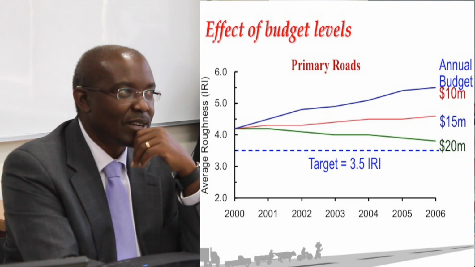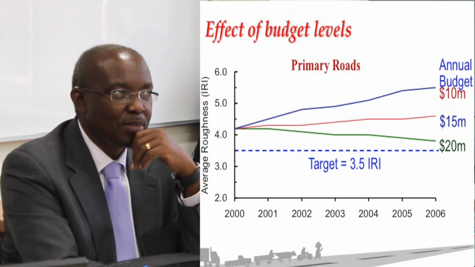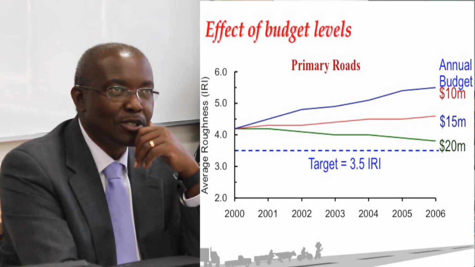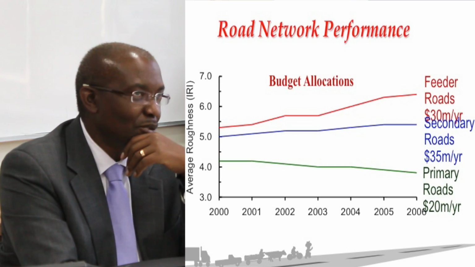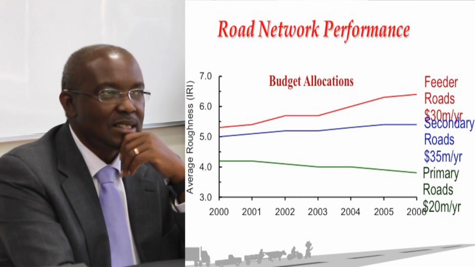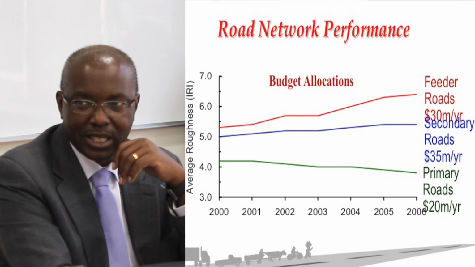We talked about riding quality or average roughness being measured. The higher it goes, the poorer the condition. So if your city, Rustavi, was budgeting only $10 million for maintaining its road network, then the model will show that over 10 years, the entire road network will get worse and worse.